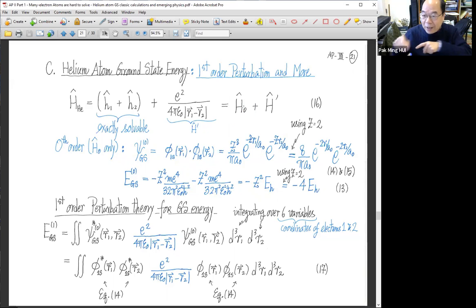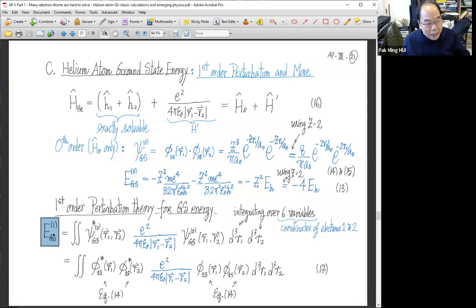So we look into our toolbox, first order perturbation. That's the simplest thing one can do, but it turns out it's not so simple an integration to carry out. So we can write down the formula for first order perturbation theory of the ground state energy correction immediately.